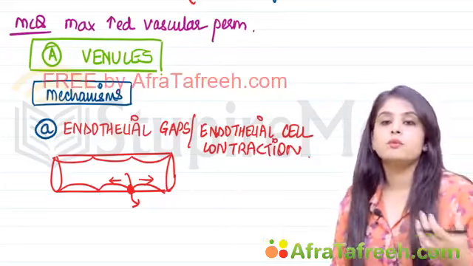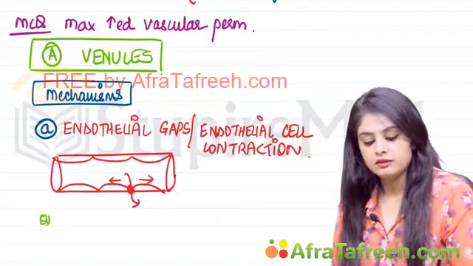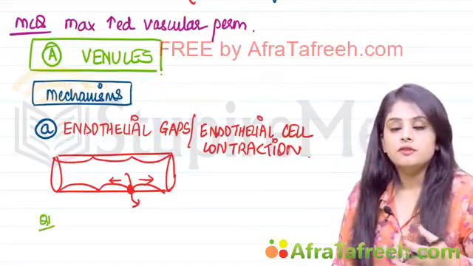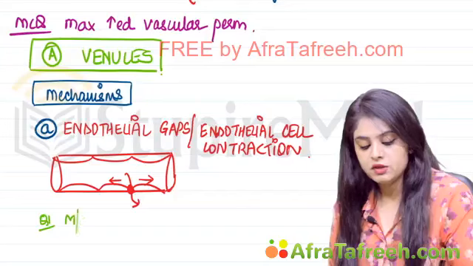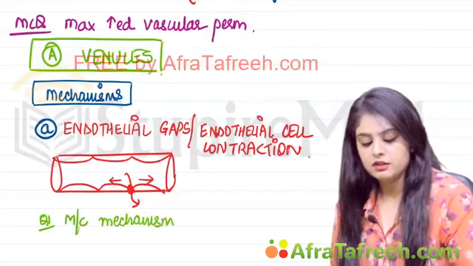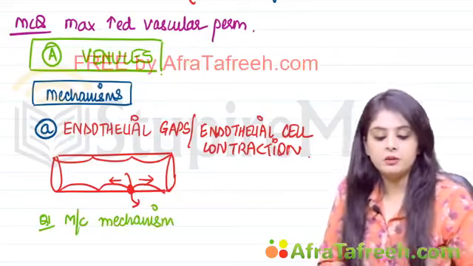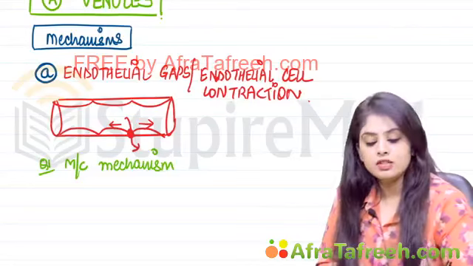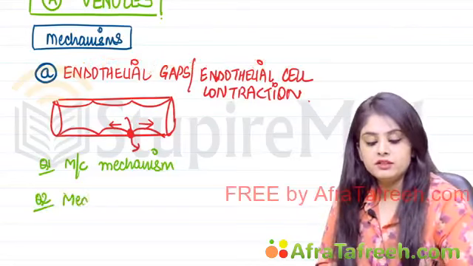Now there are one or two important questions that you need to do over here. Question number 1. Out of a number of mechanisms that we study right now, remember this is the most common mechanism of increased vascular permeability. So we'll do a long list, but out of all of those, this is the most common that we have. Question number 2. What is going to mediate this? What is the mediator for this endothelial cell contraction?